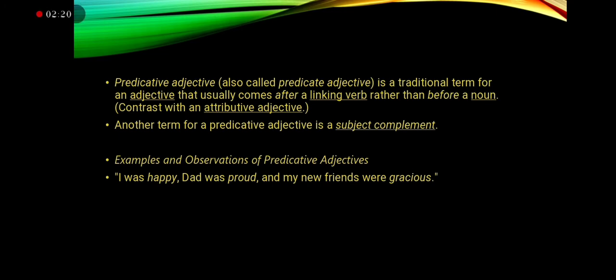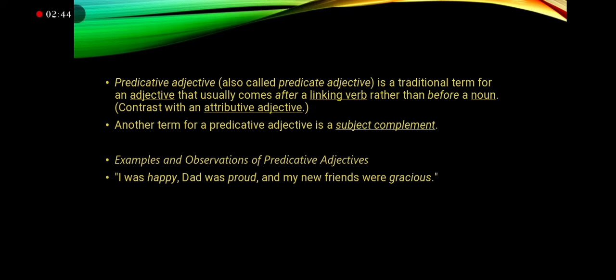If you listen and watch that video, then definitely you will come to know about linking verbs and other kinds of verbs. Over here I'm just going to tell you that a predicative adjective is a traditional term for an adjective that usually comes after a linking verb rather than before a noun. Contrast with an attributive adjective.